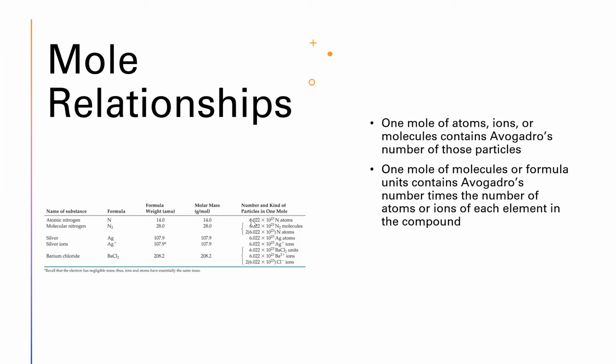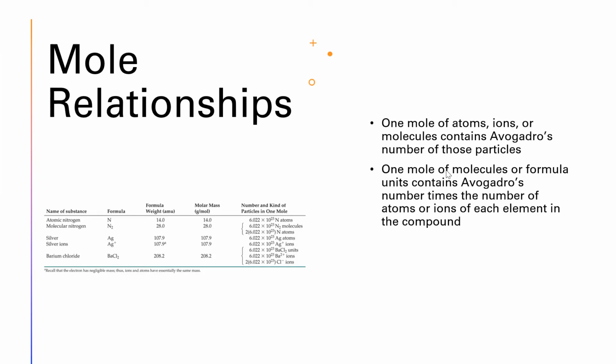It has 6.022 multiplied by 10 to 23 nitrogen atoms. It means 1 mole of atoms, ions or molecules contains Avogadro number of those particles.